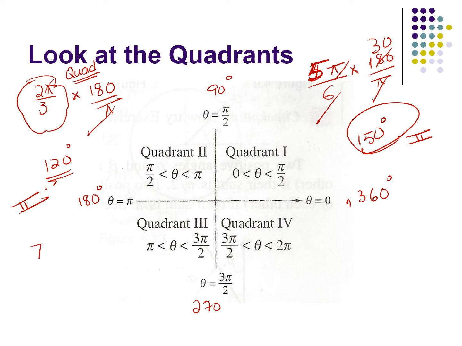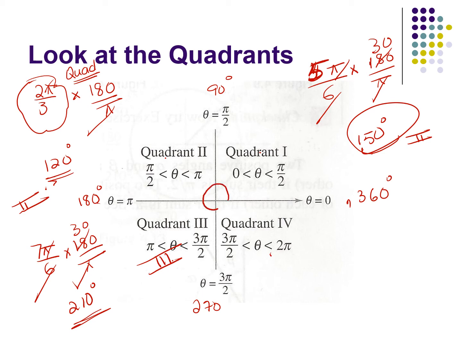If I have 7 pi over 6 and want to find which quadrant it lies in, I change it into degrees with 180 over pi. Solving it, 6 times 3 is 30, so it gives you 210 degrees. Now 210 is between 180 and 270, so it lies in the third quadrant, because this is quadrant 1, quadrant 2, quadrant 3, quadrant 4. And to make a positive angle, we always move in the anti-clockwise direction.